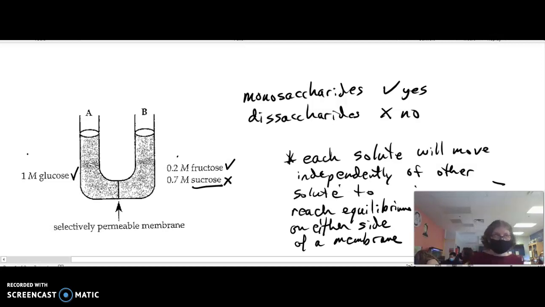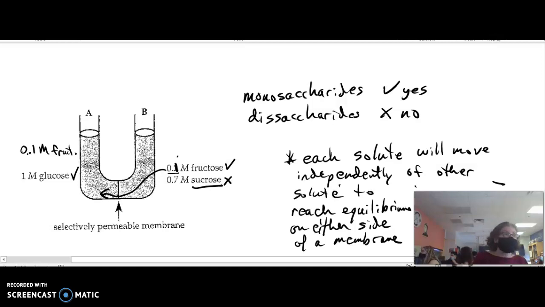Okay, and what that means in English is that the fructose will, since there's more over here and there's none over here, the fructose will just move this way until it is completely equal on both sides, so that over here you would eventually have 0.1 molar fructose. So you would divide this 0.2 in half so that it would move until it was 0.1 and 0.1 on both sides, right?